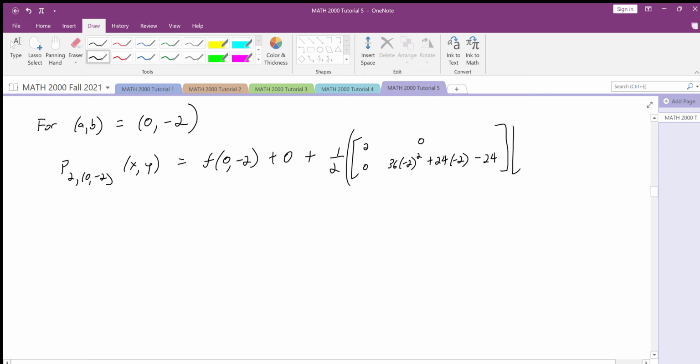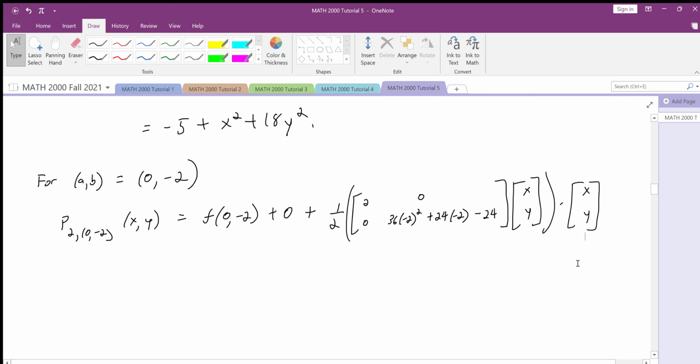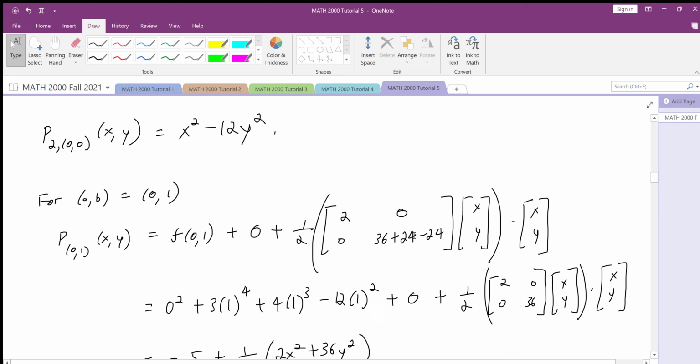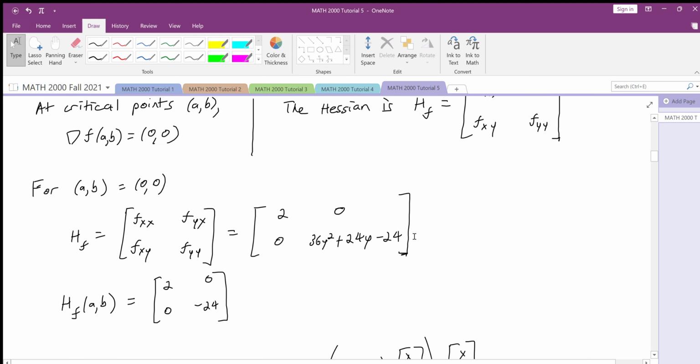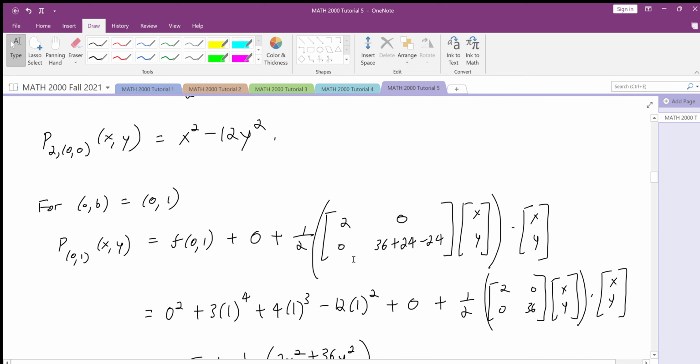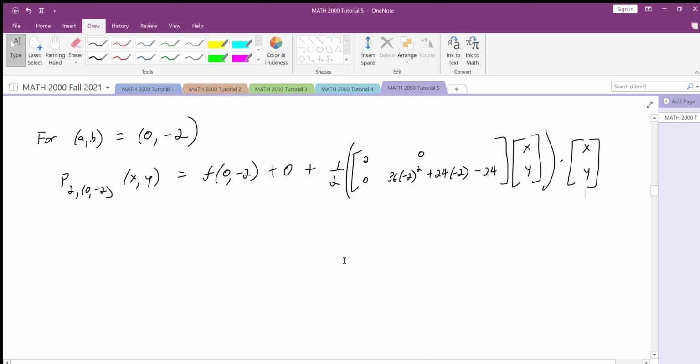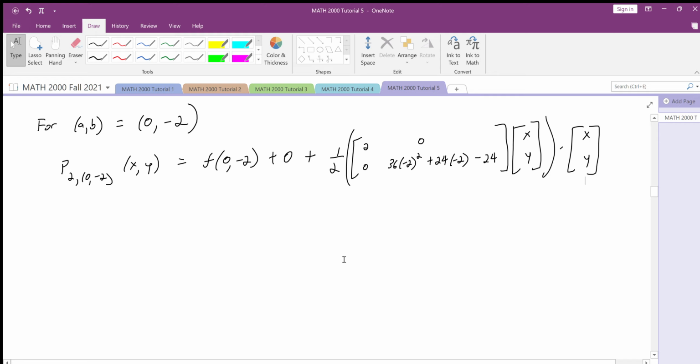And we matrix multiply that by (x, y), and then we dot product it by (x, y). Let me double check the Hessian. Yeah, I got it right. In this particular case, y is minus 2.